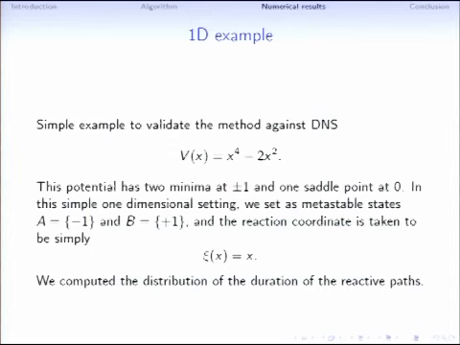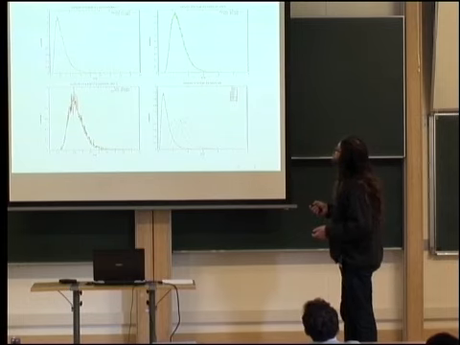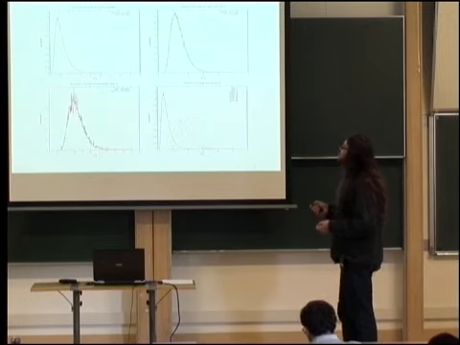It's just a double well potential with a saddle point in the middle, something like a W. I take A to be -1, B to be +1, and the reaction coordinate is just X. We used our algorithm to compute the distribution of the duration of the reactive path. Here in green is the result from our algorithm, and in red the direct numerical simulation, so naive Monte Carlo, in other words.